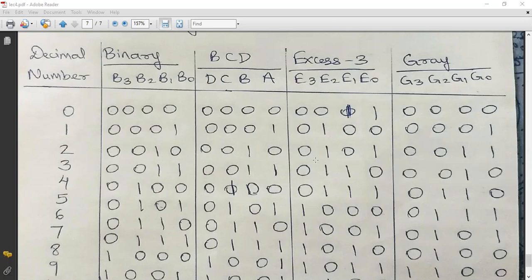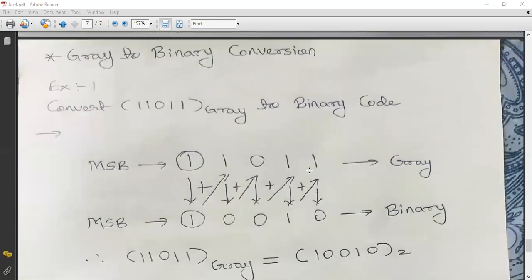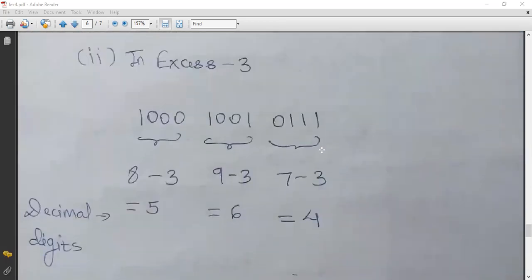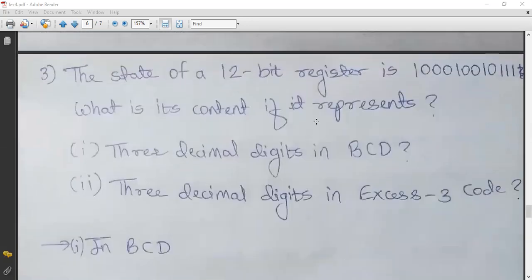So how has this table been formed? By simply converting the decimal number, binary number, into its equivalent BCD form, XS3 form, and gray code form. We have seen how the binary number is converted into its gray code form, everything.